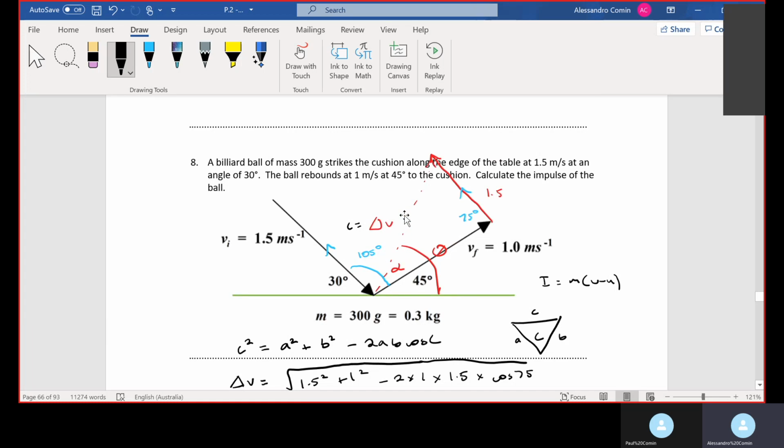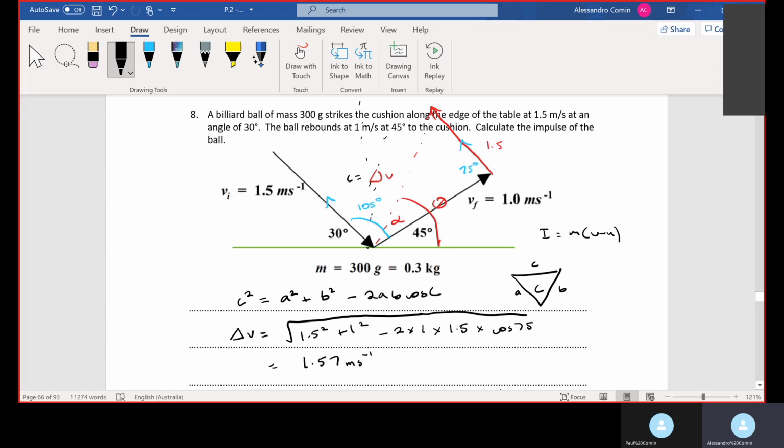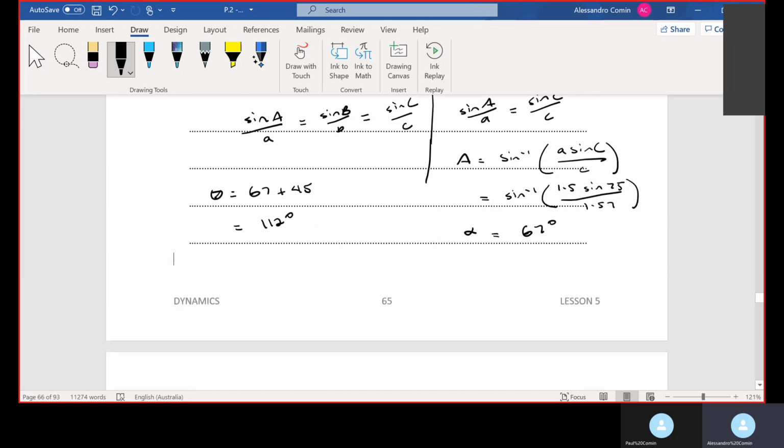It should be something like here. Like that's where it should meet up. But I digress. This is kind of unfortunate. But because it's 112 degrees, that means that it's going to be 180 minus 112.